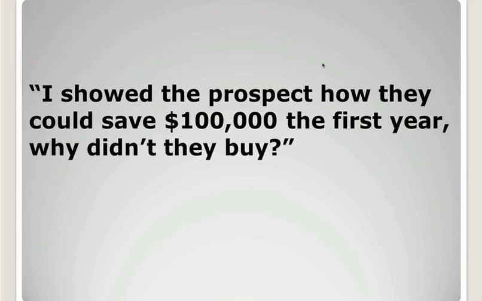With any savings, we also have to find out if the savings is significant to make a change. $100,000 savings may not be enough to justify the energy, resources, and risks associated with the change. And again, we need the prospect to convince us that a $100,000 saving would be enough to justify making the decision to switch. If they can't convince us, then we probably don't have a very good prospect.